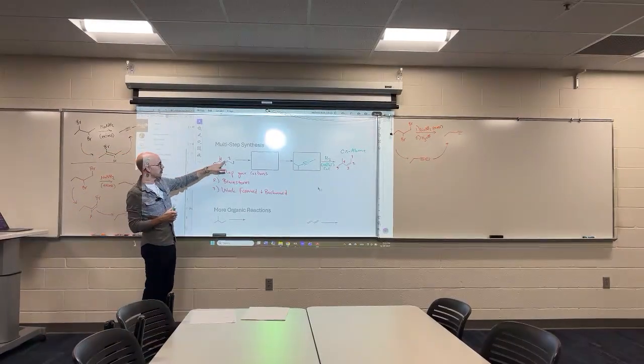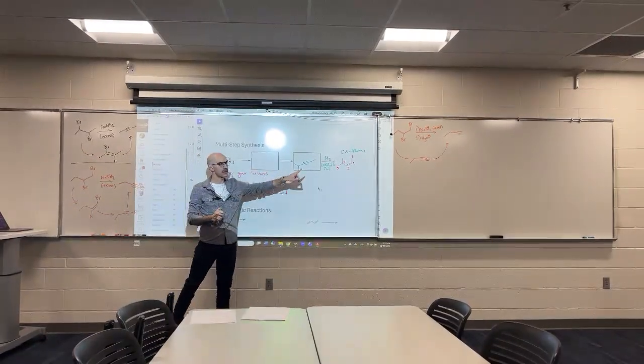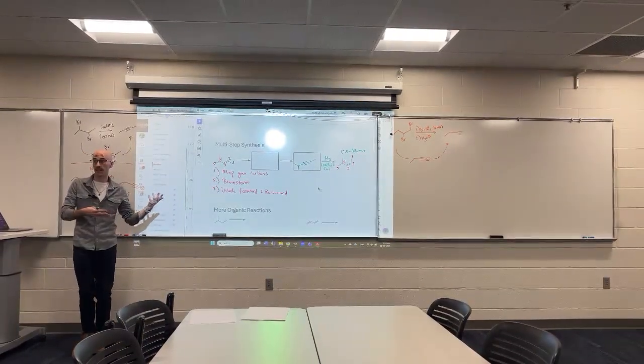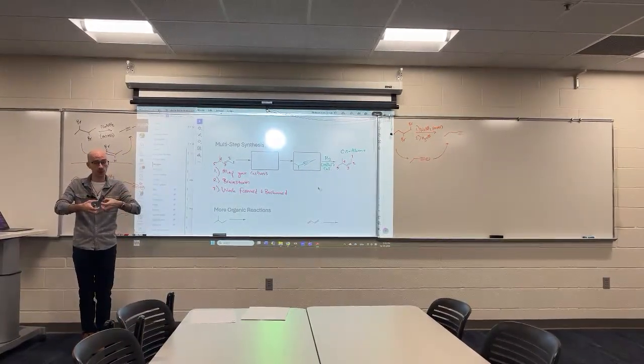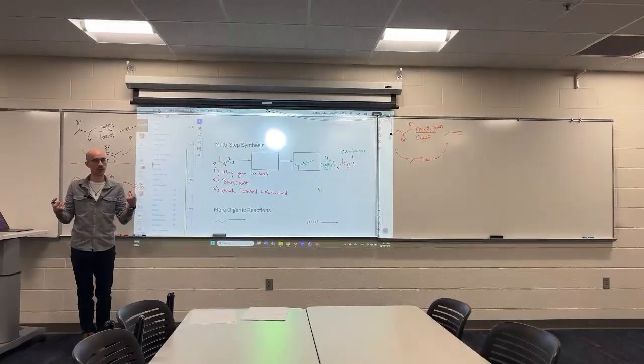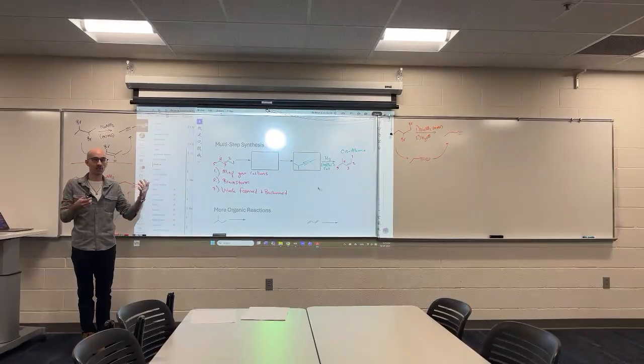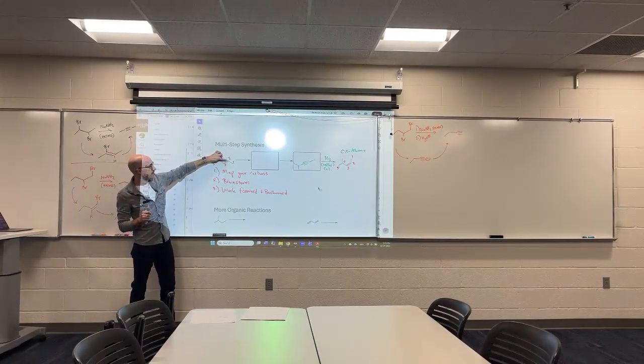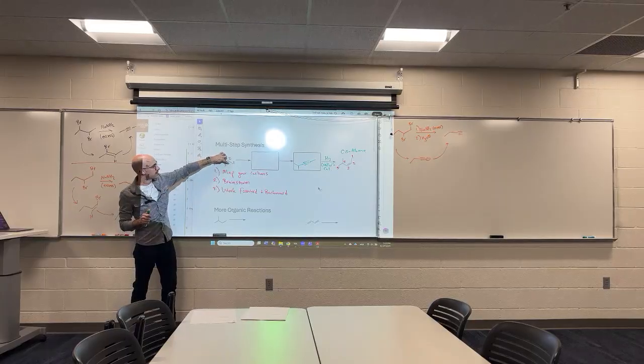Some of you tried to show that the alkene can go directly to the alkyne. There are some enzymes that can do things like that. There are enzymes that can pull two hydrogens off of a carbon chain. But in terms of organic chemists, that's actually a very challenging thing to do, because you need to keep some of the electrons from those bonds to go into a new carbon-carbon bond.